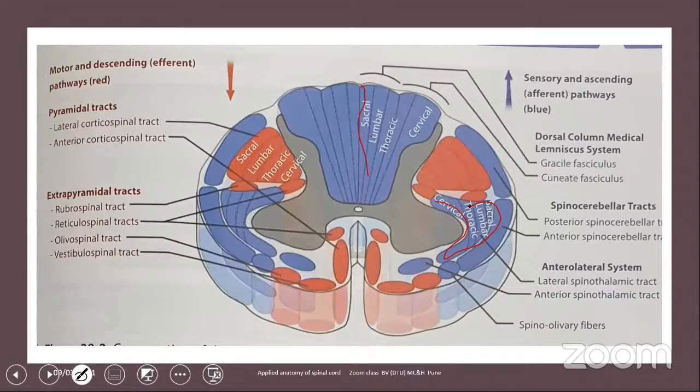There are some very, very important tracts: rubrospinal, reticulospinal, olivospinal, and vestibulospinal. These are the anteriorly or ventrally placed tracts, which are also implementing the stability in the trunk. They are also the extrapyramidal tracts, which are carrying the balancing act.